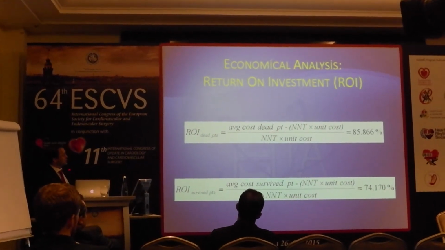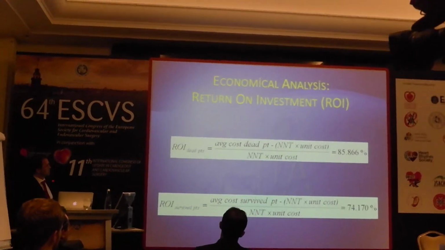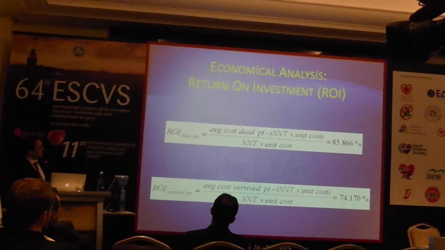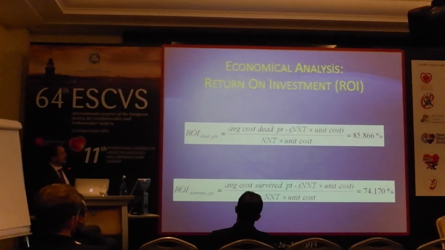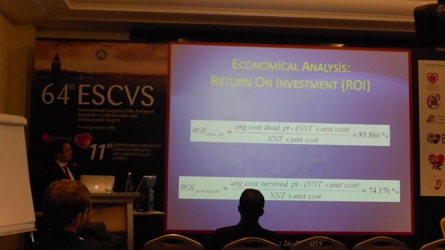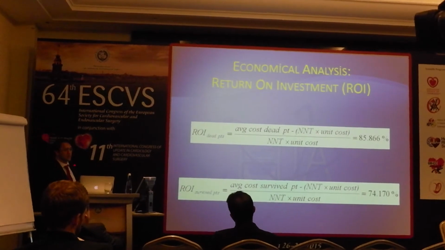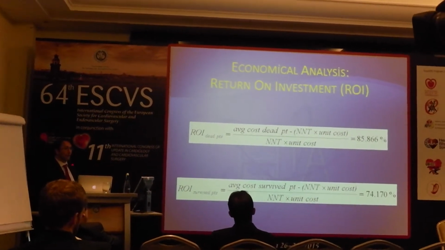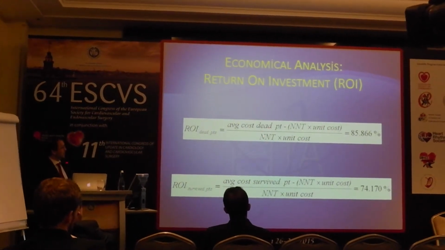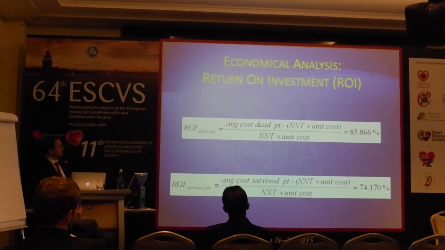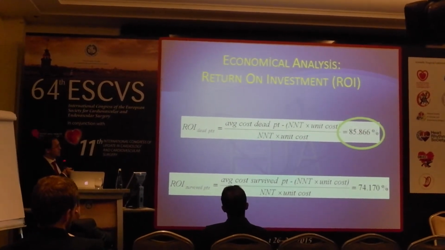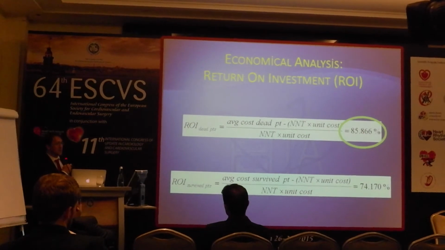So the average cost of the patient is what we gain, and here is the cost of the unit, 8 euros, for the number needed to treat, what we invest. We invest 4 devices of 8 euros and we save this money. And this is the return on investment. For that person, that patient, it's 85,000%.